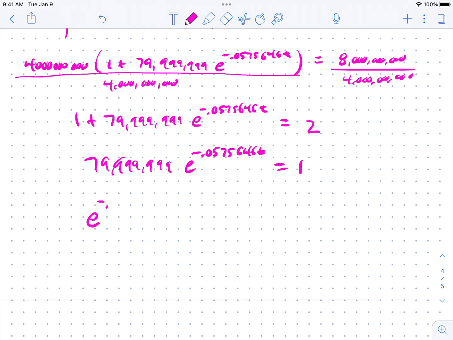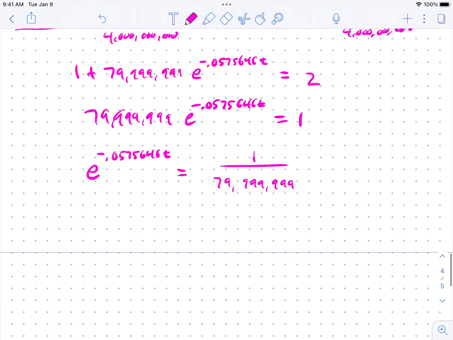So e to the negative 0.0575646 t is equal to 1 over 79,999,999. Take the log of both sides. That'll cancel the e. So I've got a negative 0.0575646 t is equal to the natural log of that.